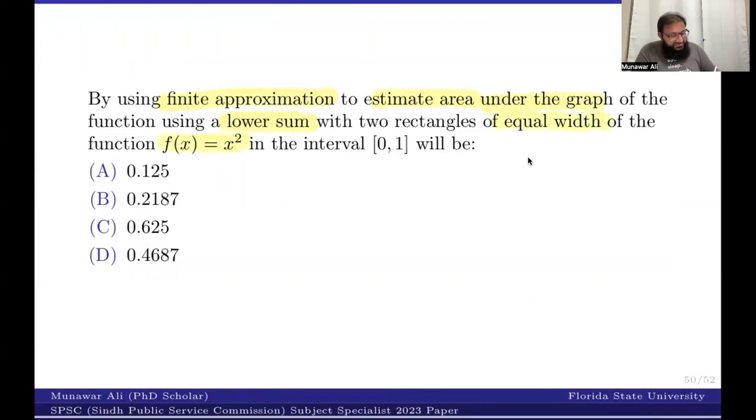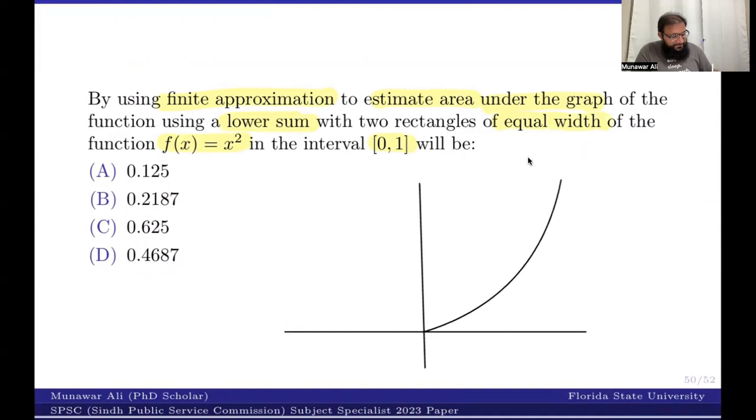And this is our function, and this is our interval 0 to 1. So let me draw the function and the interval 0 to 1. So this is our function f of x is equal to x square. I have not gone to this side because I'm not interested in this one.